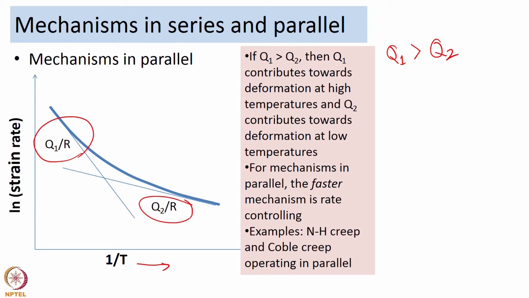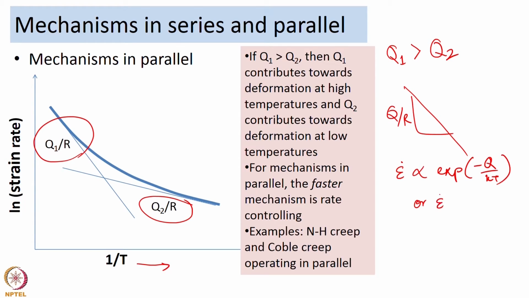If you notice, I have mentioned the slope of the lines as Q over R and not just Q. That is because strain rate is proportional to exponential minus Q over KT, which can also be written as strain rate proportional to exponential minus Q over RT, because K is basically R over N, where N is the Avogadro's constant.